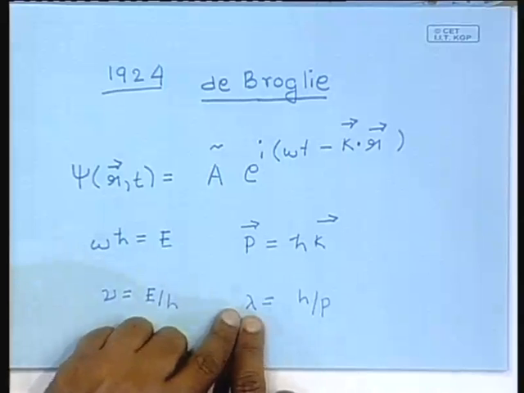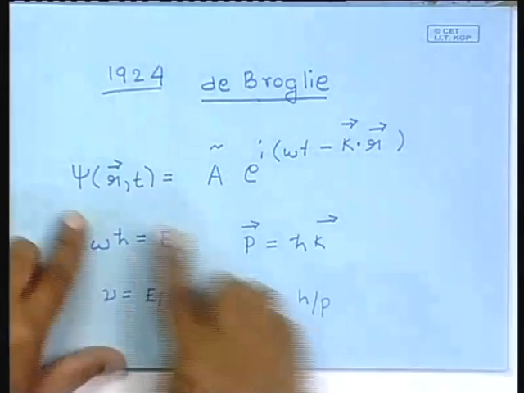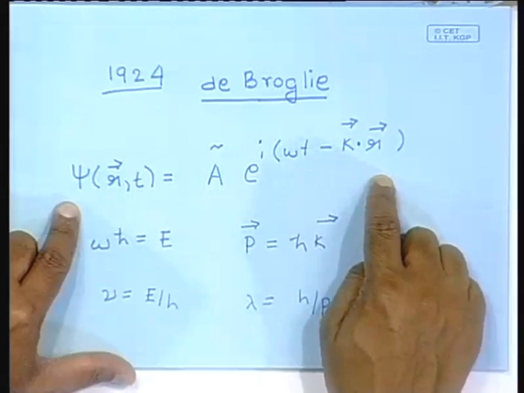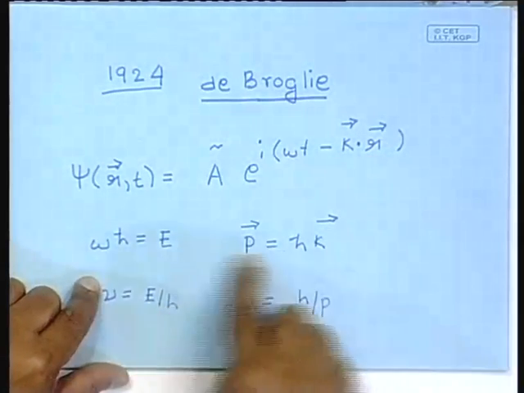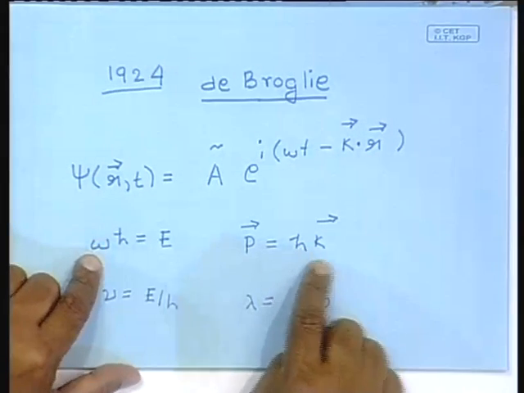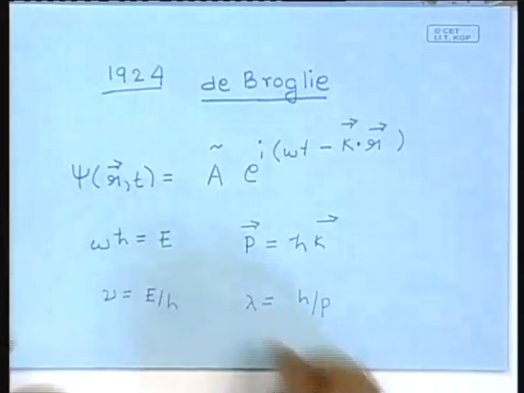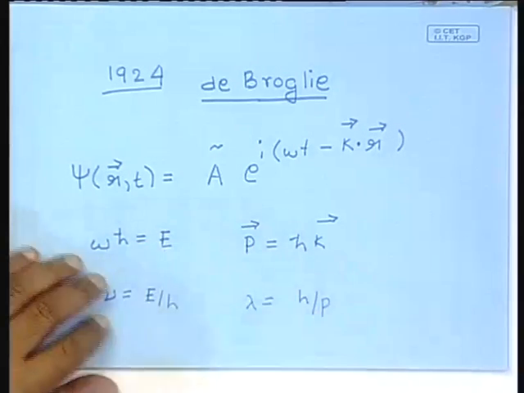The wavelength of the wave is related to the particle's momentum like this, and I have written down here an expression for a wave. And since we have been working in terms of angular frequency and wave vector, I have also written these in terms of the momentum and the energy of the particle, and these are very similar to the relations we had for the photon.